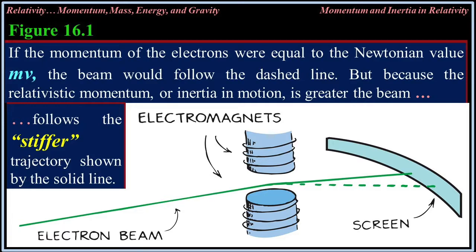Figure 16.1. If the momentum of the electrons were equal to Newtonian values mv, the beam would follow the dashed line. But because the relativistic momentum, or inertia in motion, is greater, the beam follows the stiffer trajectory shown by the solid line.